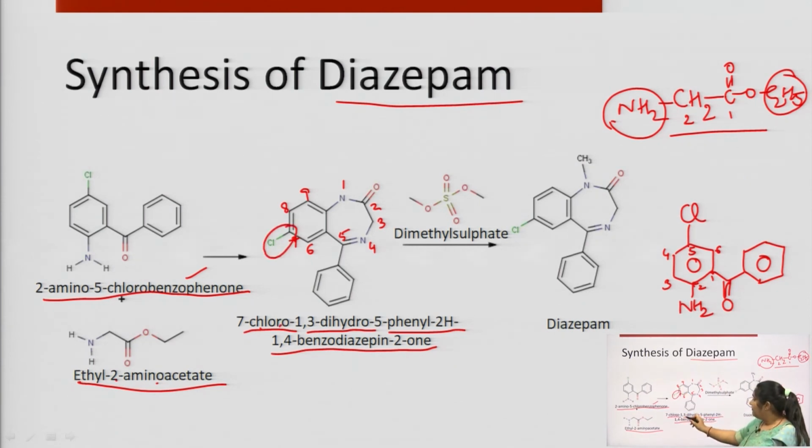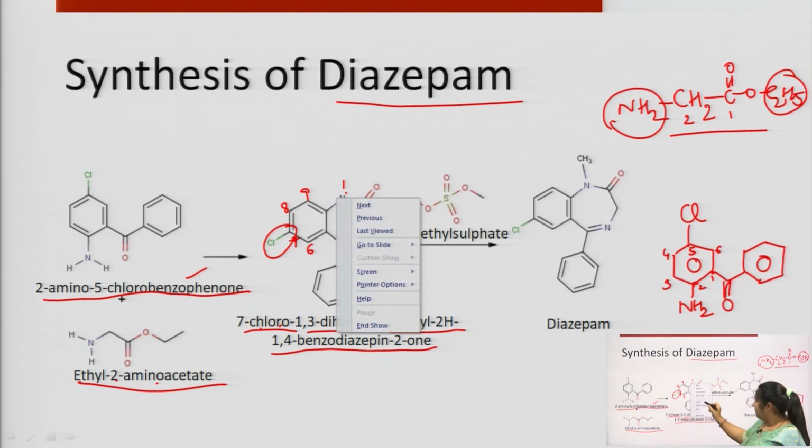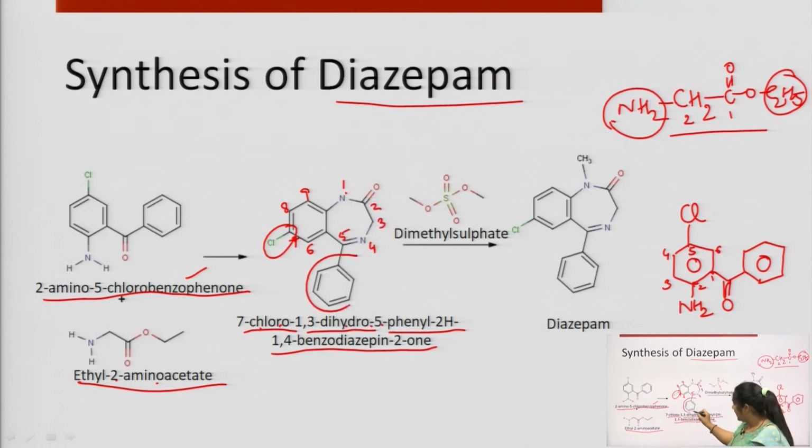At the fifth position there is a phenyl substitution. In 1,4-benzodiazepine, at the 1 and 4 positions we have 2 nitrogen atoms, with carbonyl at the second position. So 7-chloro-1,3-dihydro-5-phenyl-2H-1,4-benzodiazepine-2-one is formed.